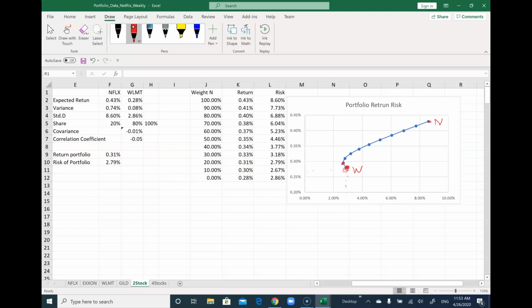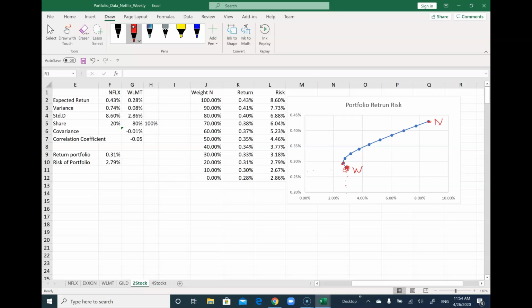And I told you moving left and up is very important, because when you move to the left, you are reducing the risk while holding the return constant. When you move up, you are increasing the return while holding the risk constant. So when you move to the left and up, it means that you are reducing the risk and at the same time increasing the return, which is the best possible outcome.